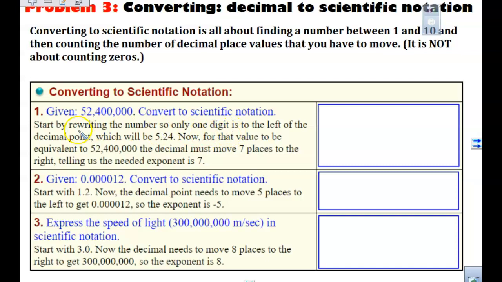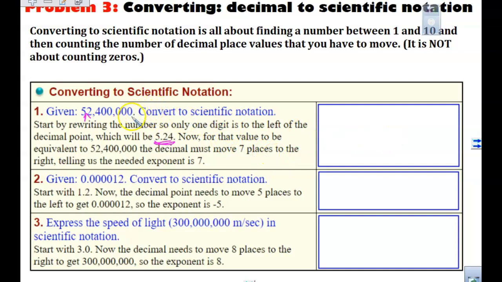52,400,000 converting. So first thing, we only want to look at the digits to the left of the decimal point, which is we want to get it to be a number between 1 and 10. So if we are looking at that, a number between 1 and 10, I have to go 5.24. We are not going to write all the zeros behind that.